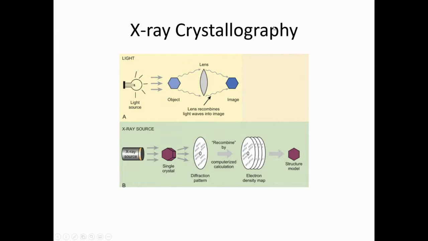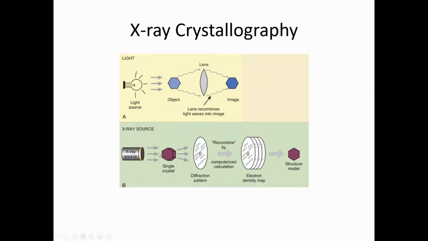X-ray crystallography requires protein crystallization, which means you need to use genetic manipulation to clone the protein you want to study into a bacterial cell, let the bacterial cell express that specific protein, and then crystallize the protein.